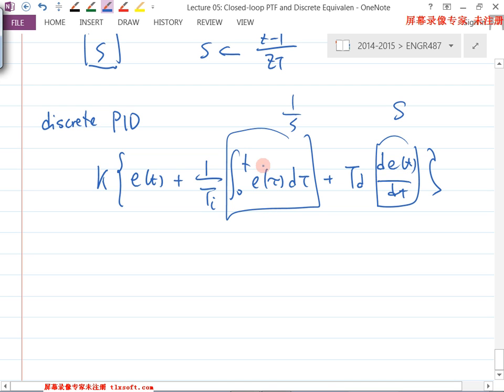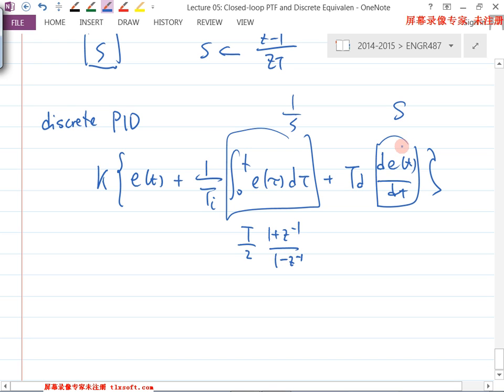Okay. So let's say if I decided to choose trapezoid for this 1 over s here. For this block, what happens is I'm replacing this block with T over 2, (1 plus this) over (1 minus this). Okay.